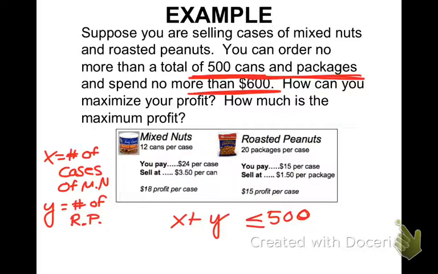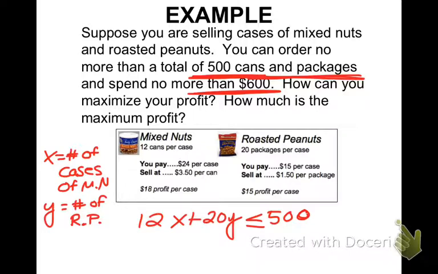That's not true, because this would represent number of cases. I need number of cans and packages. So what should I have in front of these? How many cans do we have with the one case? 12. And we have 20. Thanks. Sorry. So 12x plus 20y is less than or equal to 500.